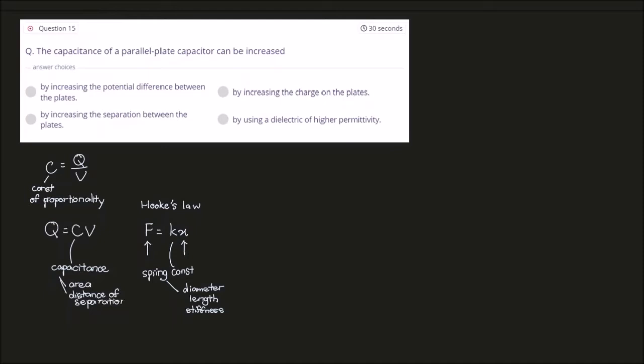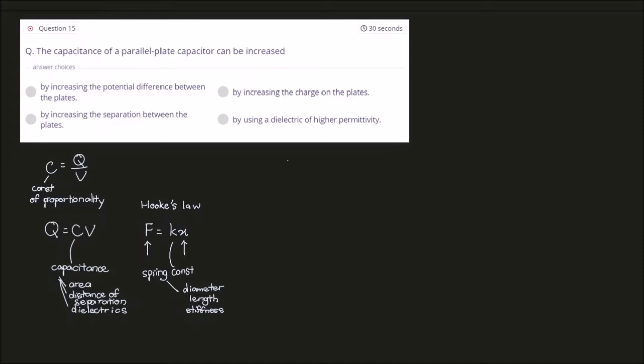So dielectrics can also be an option. I hope you see that changing the circuit will not change anything about the capacitance. To change the capacitance, you need to do something directly to the capacitor.